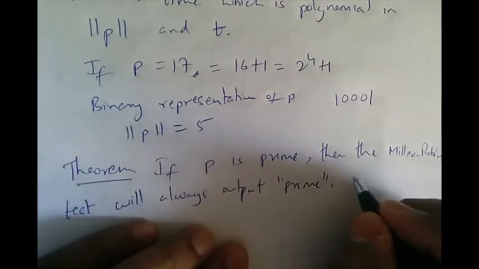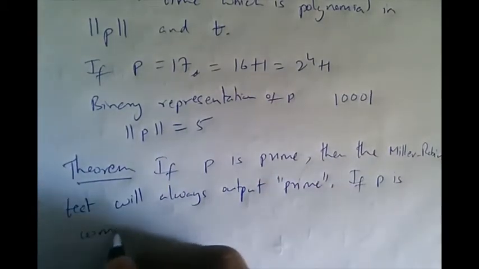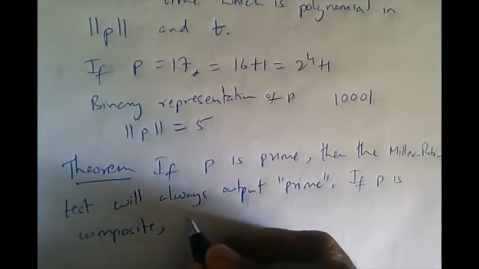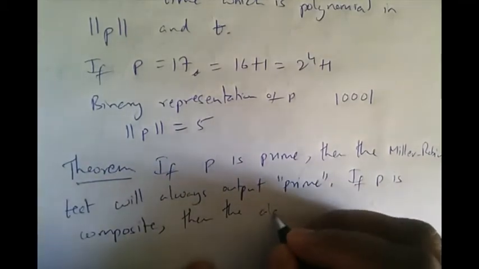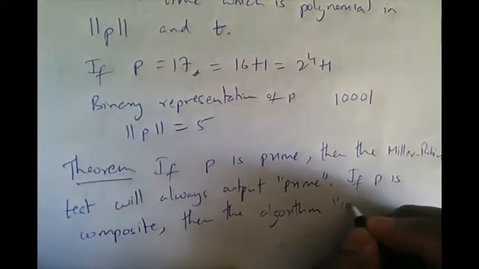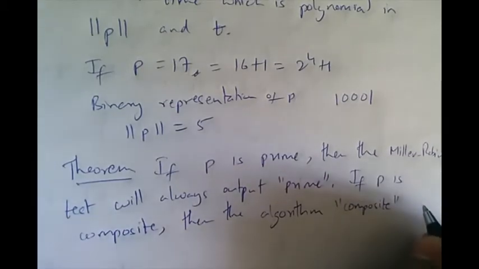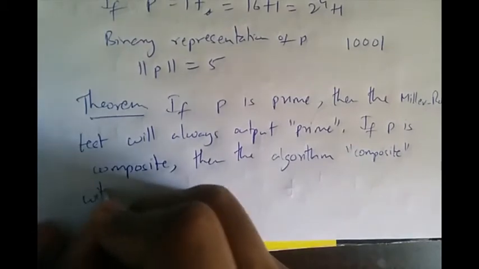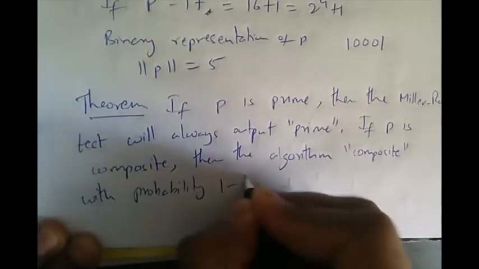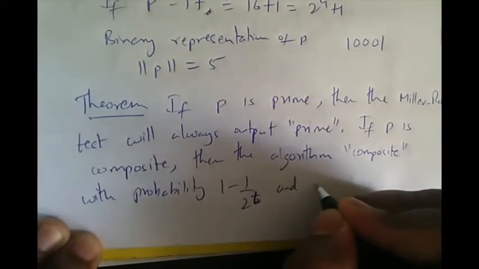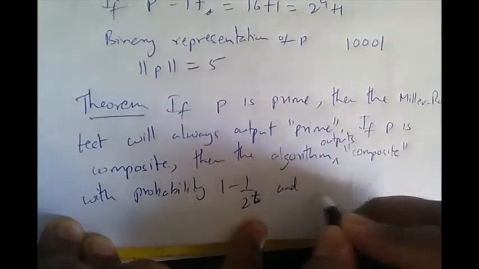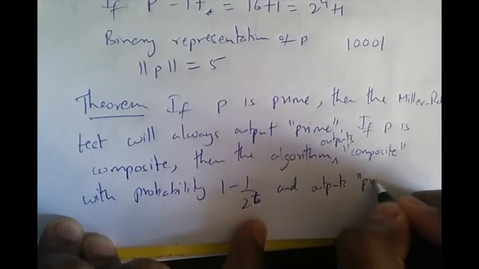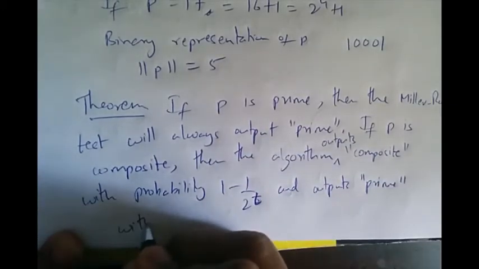But if p is composite, then the algorithm will output composite with probability 1 minus 1 over 2 raised to t, and output prime with probability 1 over 2 raised to t.